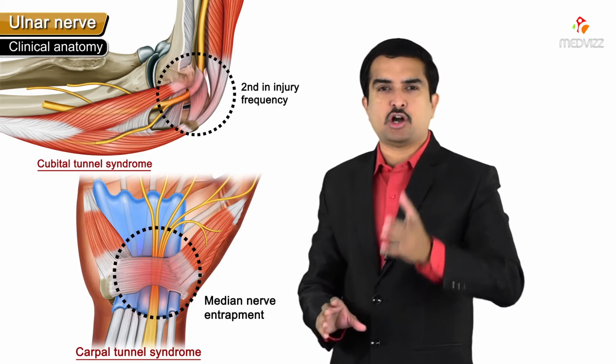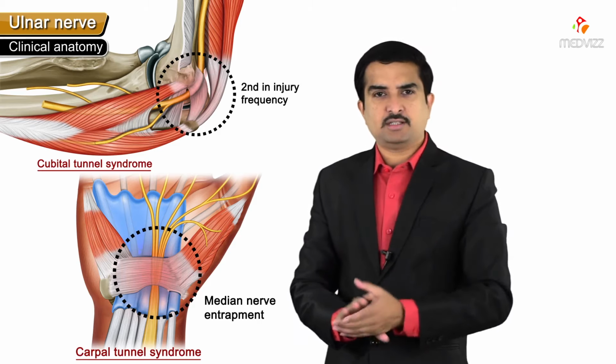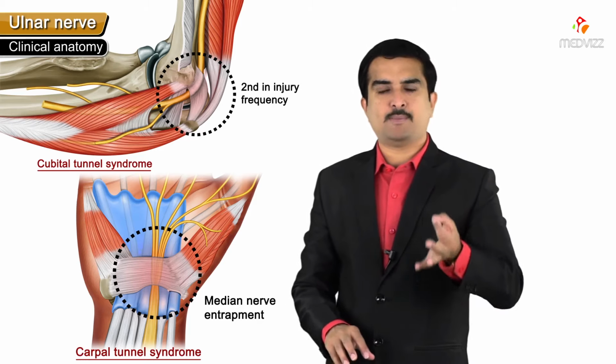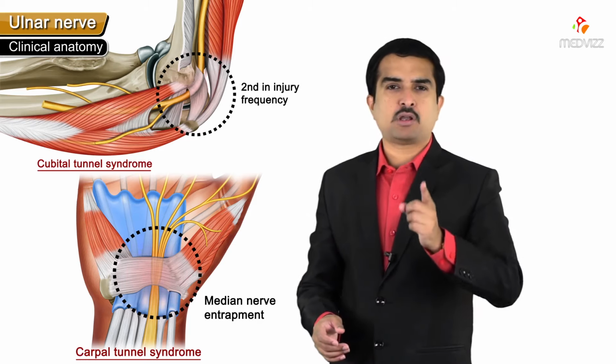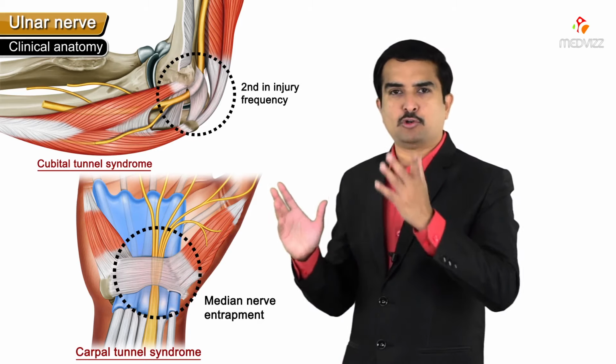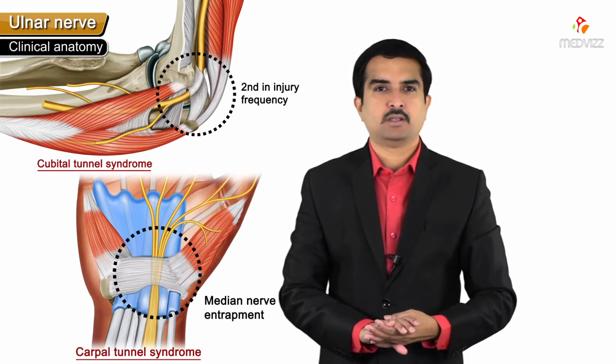In that also, the most common will be cubital tunnel syndrome. The point to be noted here is that the most common site of focal ulnar entrapment or compression is at the elbow, followed by the wrist. This is what we have to remember here.